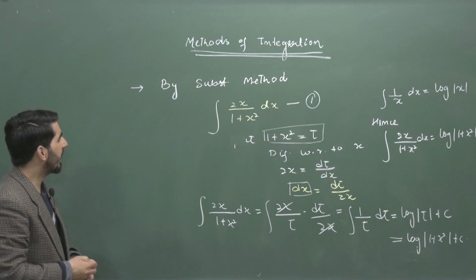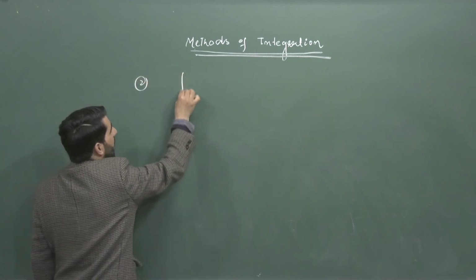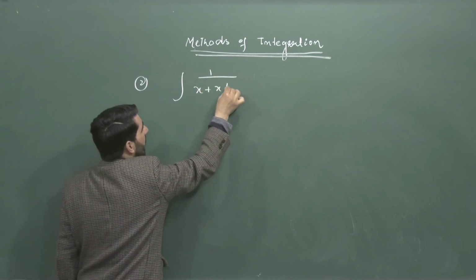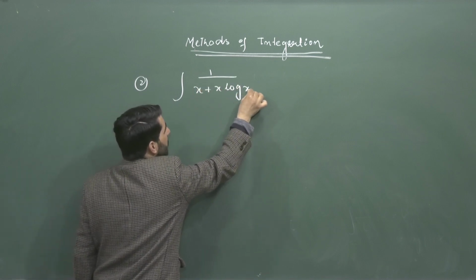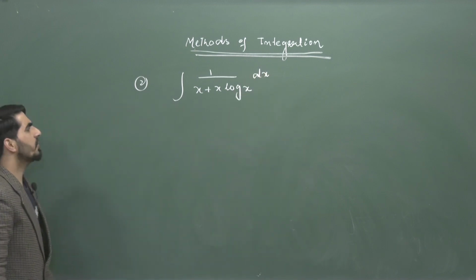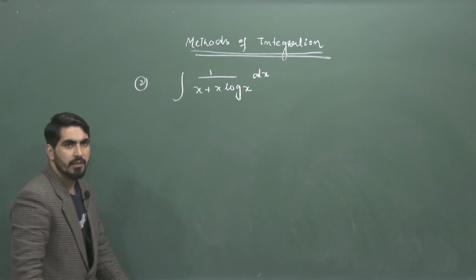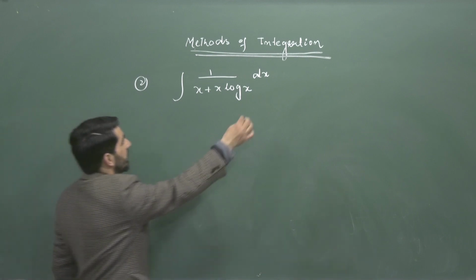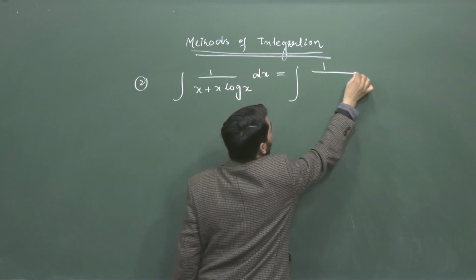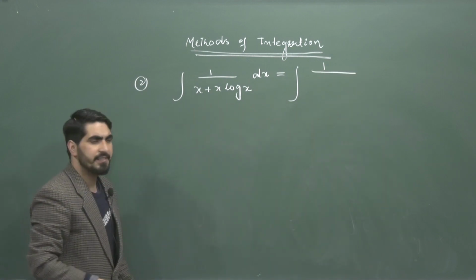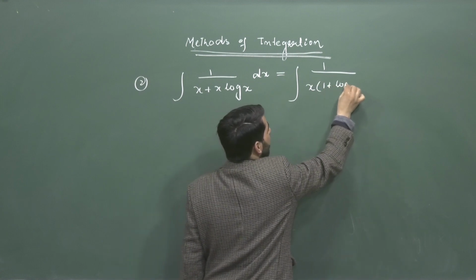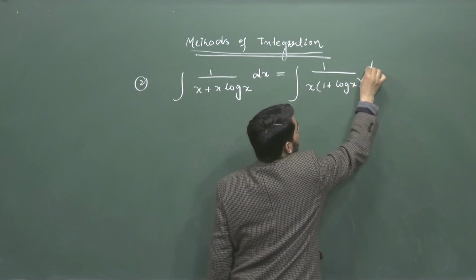Let's take another example. Integrate 1 divided by x plus x log x. First we write this function as the integral of 1 divided by x times 1 plus log x dx, taking x as common.